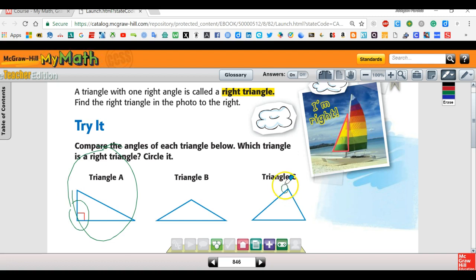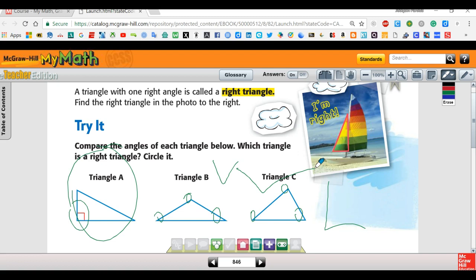Okay? All the angles that the other triangles have do not make an L shape. They're either less than, or greater than, which is actually wider. The corner of your book, what kind of angle is that? Right angle, yes.